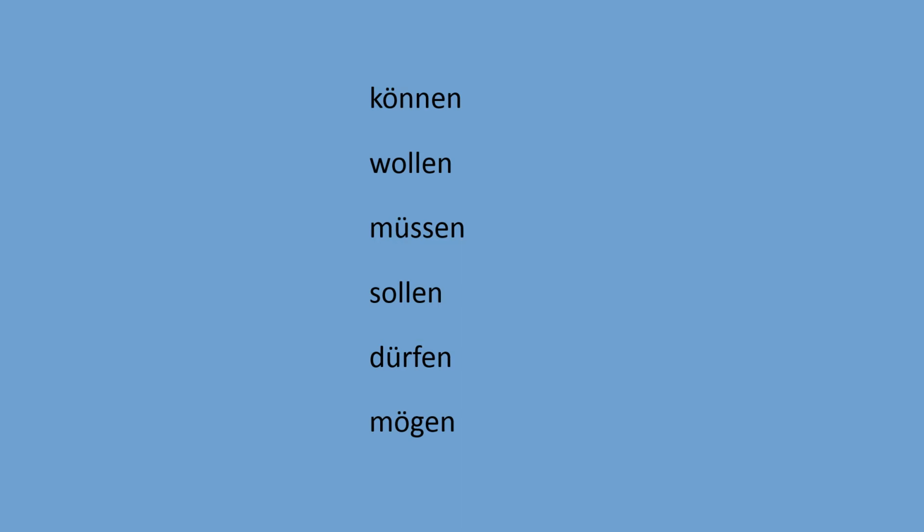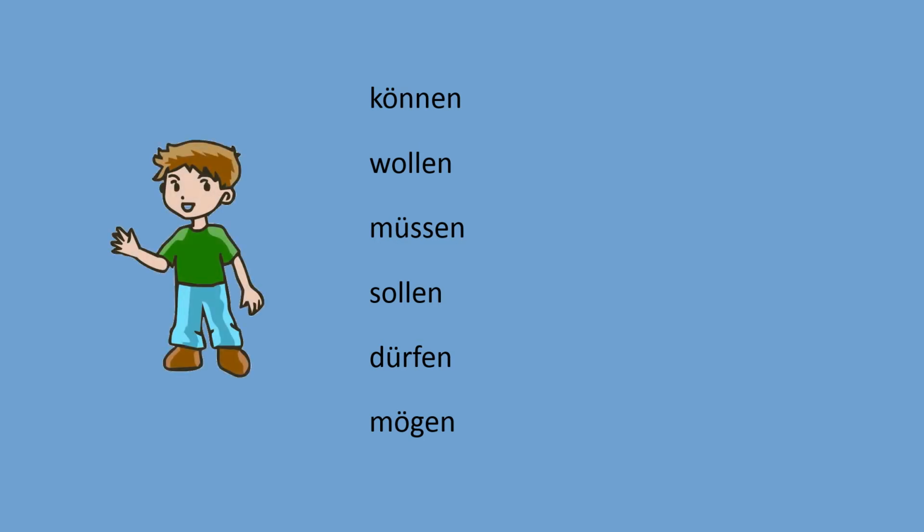So six modal verbs. How do we use them in German sentences? This is a little bit of a tricky situation, because at first you will see that they have specific forms when we use them with the first or third person singular subject. Let's say this is me, I, and I would like to use these modal verbs with me.